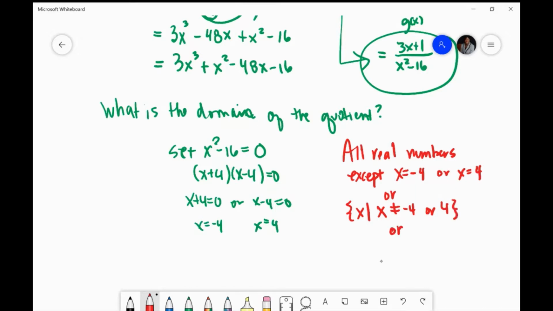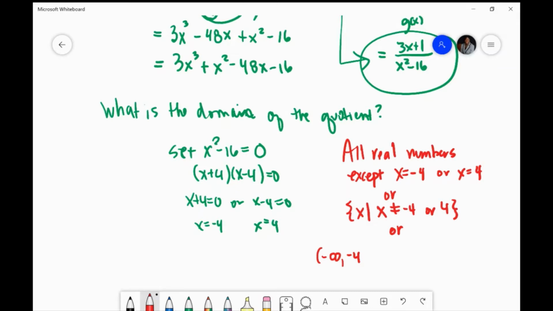What about interval notation? Is anyone brave enough to try? All right, let's go with it. You're going to put negative infinity to negative 4, parentheses or a bracket right there?